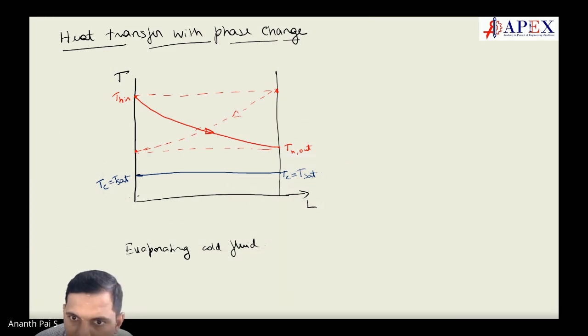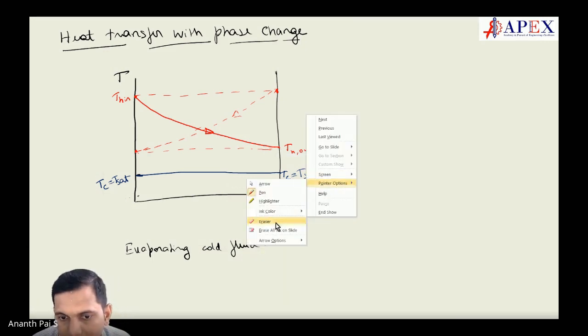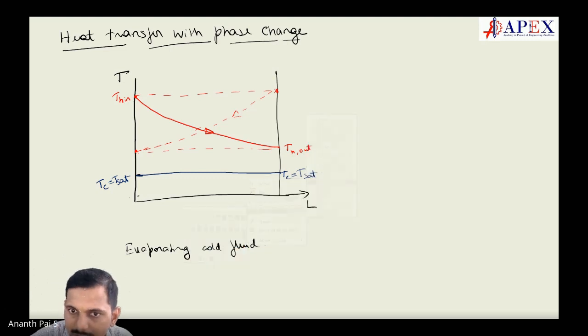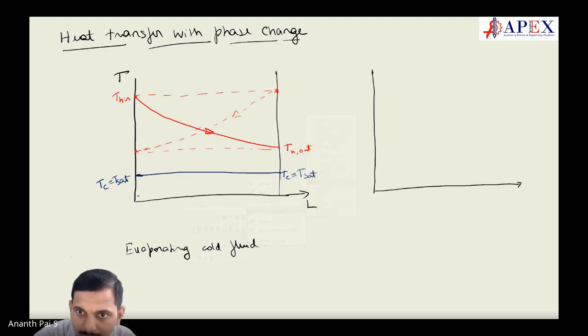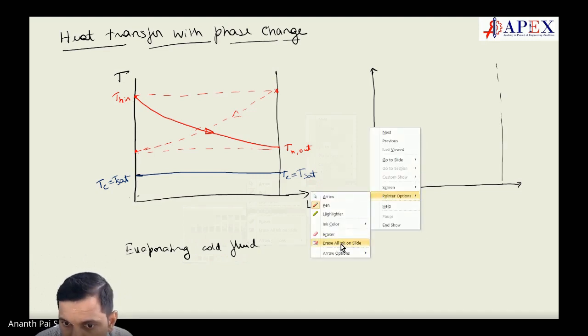Same thing can happen when the hot fluid is condensing. See, hot fluid condenses. So it may so happen that the hot fluid condenses and the cold fluid increases in temperature.